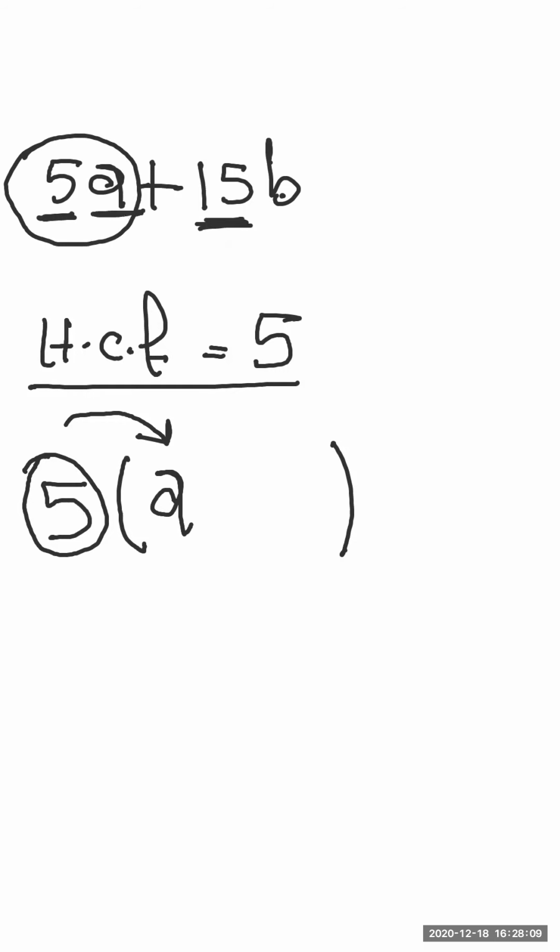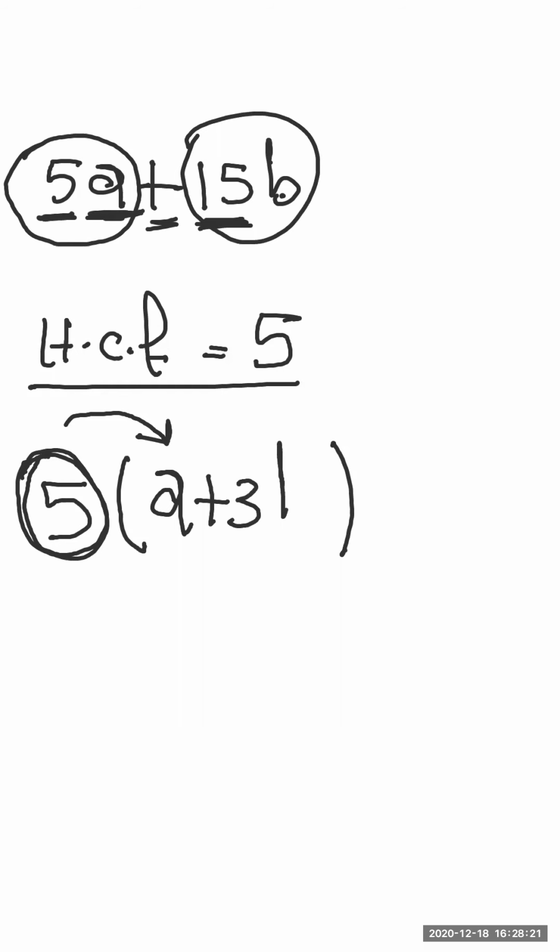So the remaining will be a, then a positive sign. So plus 15b divided by 5. 15 divided by 5 means 3, then b. So this is the simplest example about factorization. Let's solve one more example.